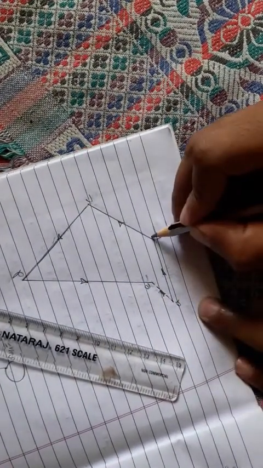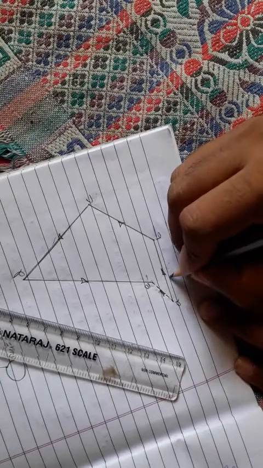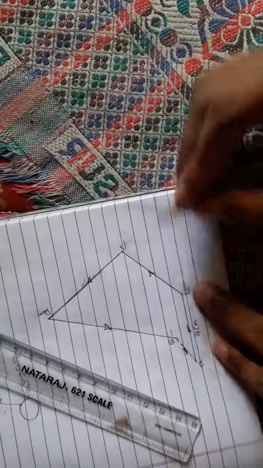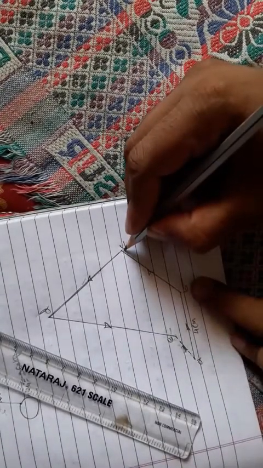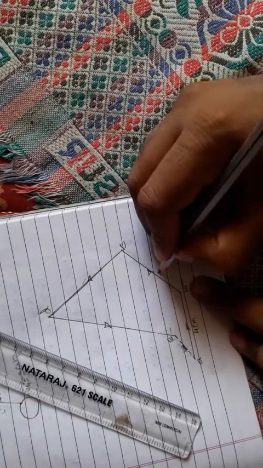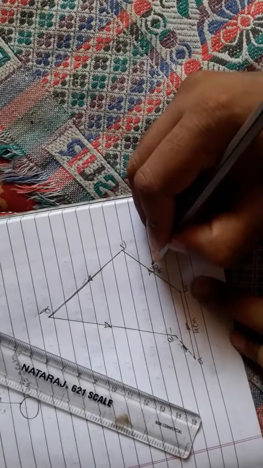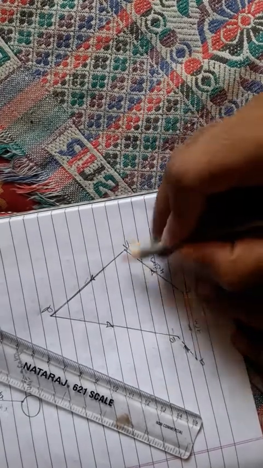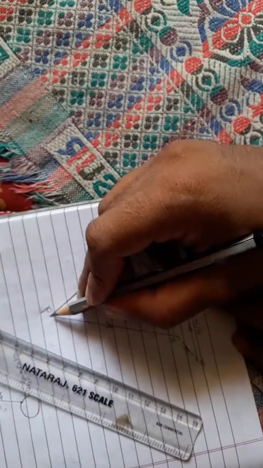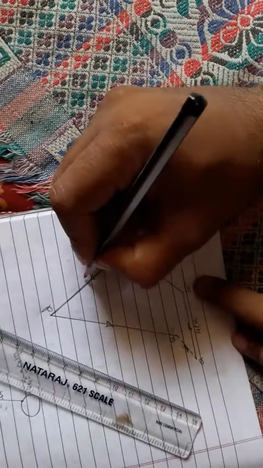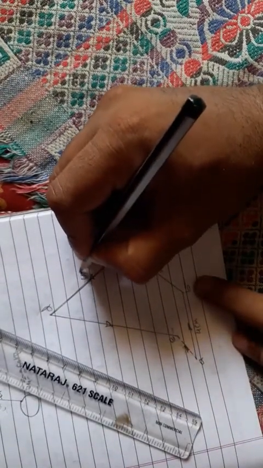From A to B is parallel to mass M1, that is 4 centimeters. From B to C is parallel to mass M2, that is 4.5 centimeters. From C to D is parallel to the M3 line, that is 6 centimeters.